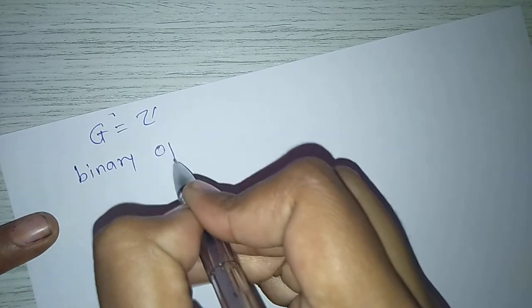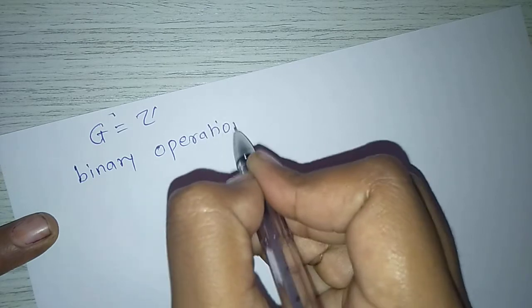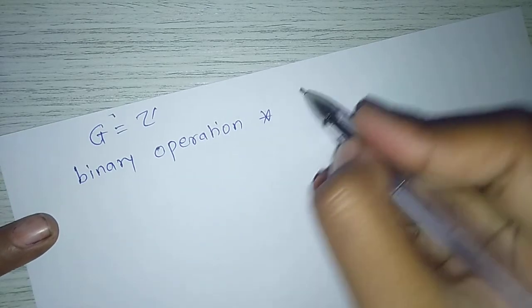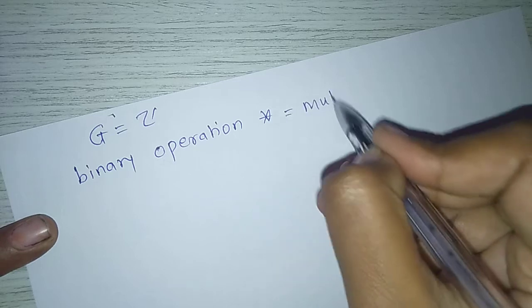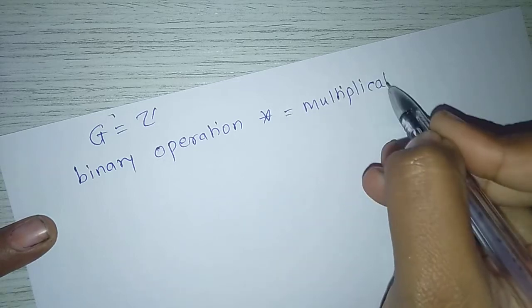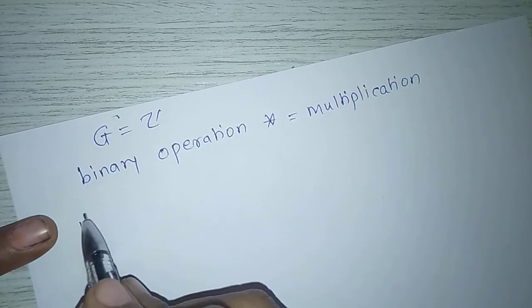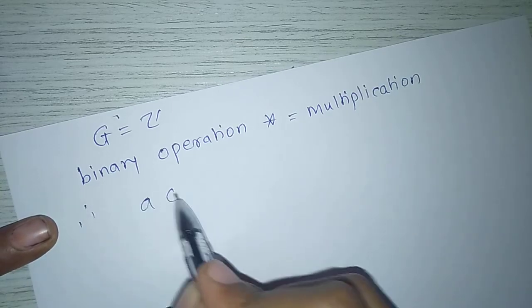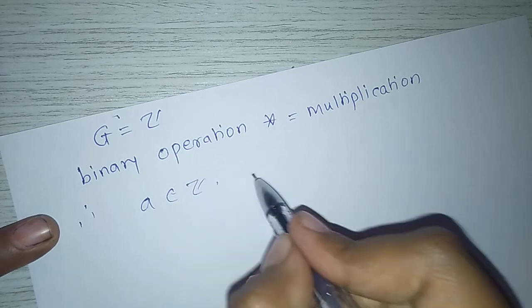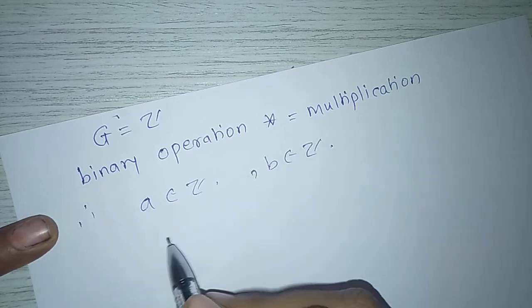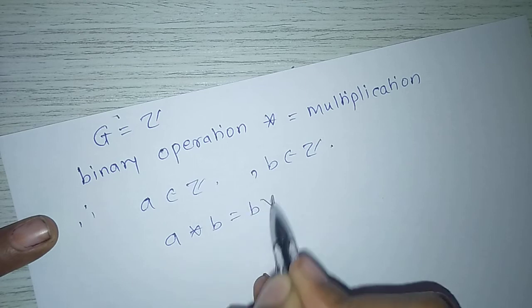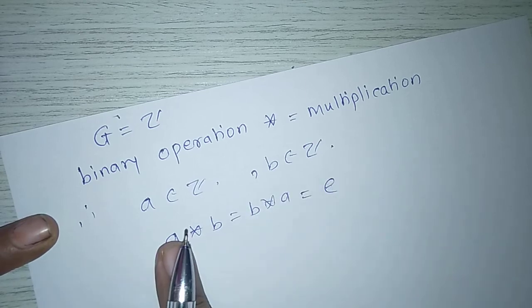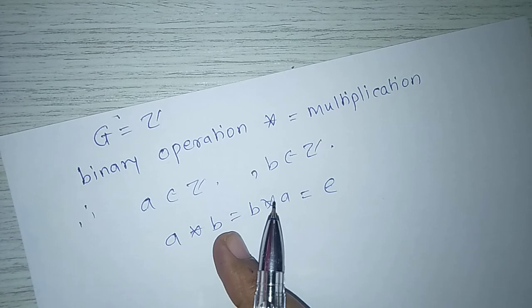Next example, suppose G equal to Z and the binary operation star equal to multiplication. Then a belongs to Z, b belongs to Z, and a star b equal to b star a equal to E means a is the inverse of b or b is the inverse of a.